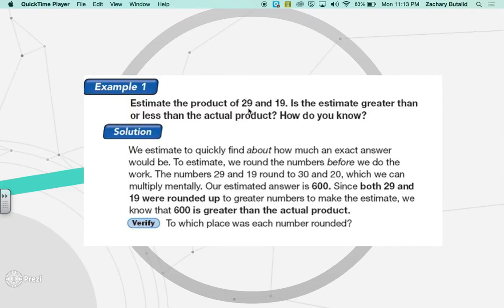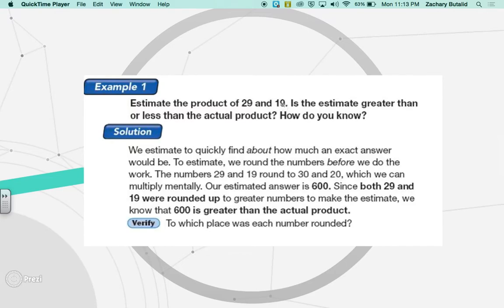All right, so we're going to round 29 to 30, because 29 is very close to 30. It's only one away. And remember, if we're over 5, then we're going to go up, so we change the 2 to a 3, and this becomes 30. If we're below 5, I would go down, so 19 is very close to 20.